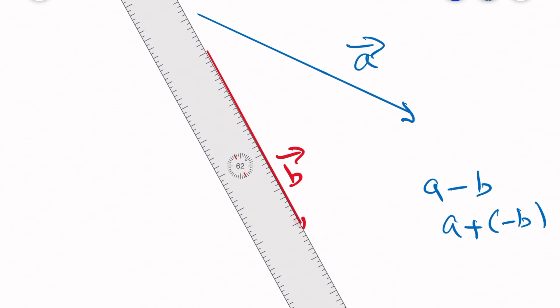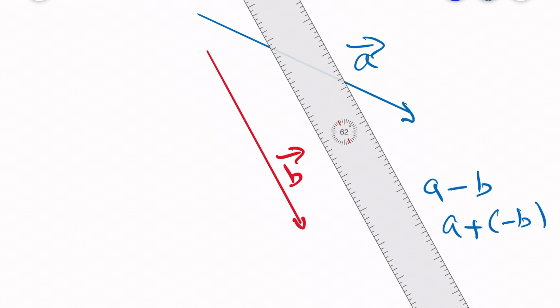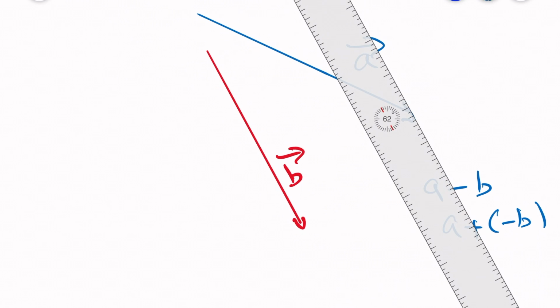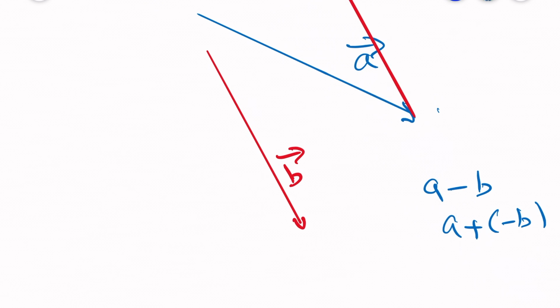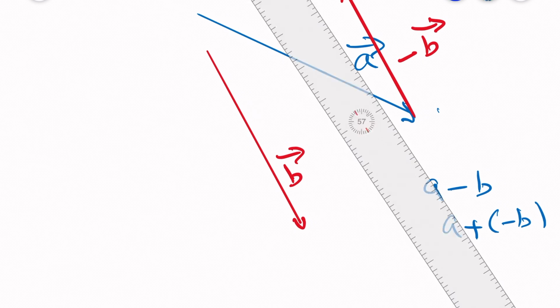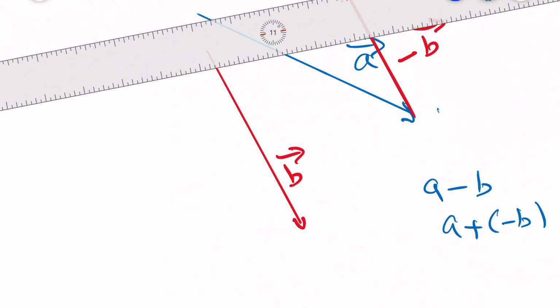If we take a vector parallel to B but draw it at the head of A, that will become head to tail. So now we draw B pointing in the opposite direction, and of course the magnitudes have to be the same. Because this is pointing in the opposite direction, this vector becomes minus B. Now we can add A and minus B, and that will tell us the value of A minus B, which is this vector.